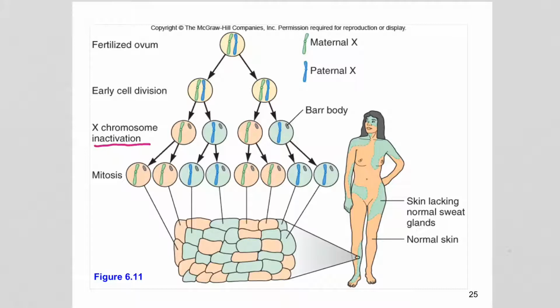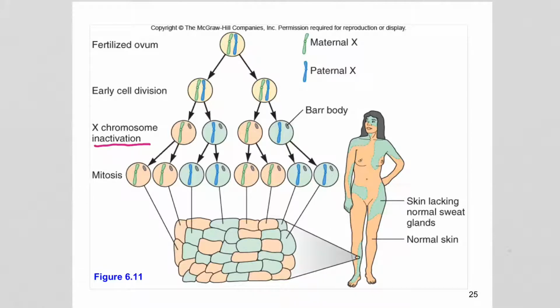And so you can see how, if we're looking at skin because it's a large organ, the largest organ of the body, how it has so many cells that comprise it, but each of those cells are random with regards to whether the maternal or paternal X chromosome is present. So you can see how this kind of gives rise to this mosaic pattern.